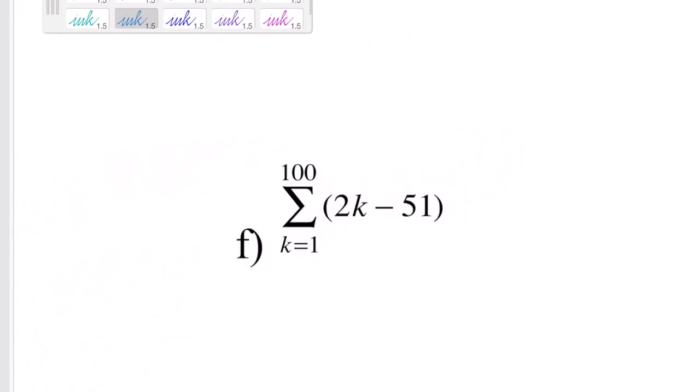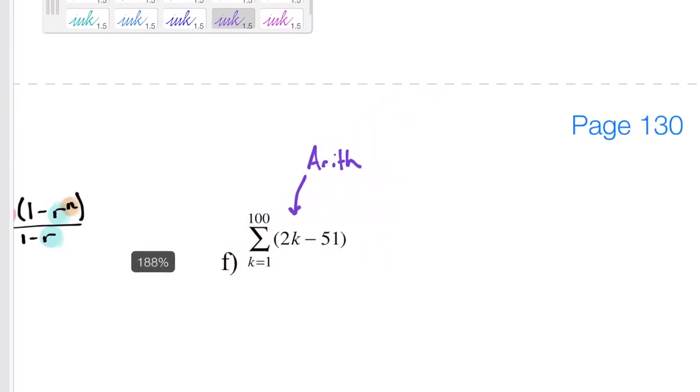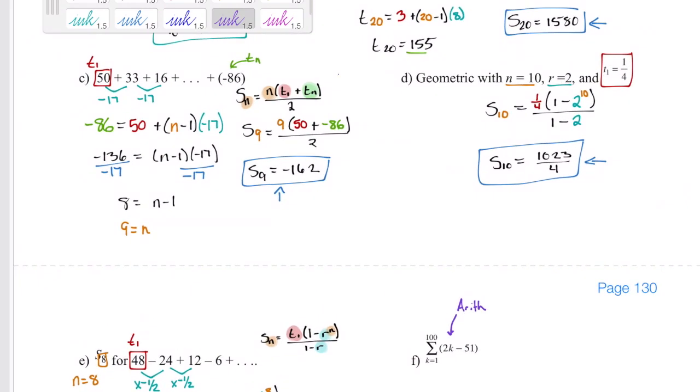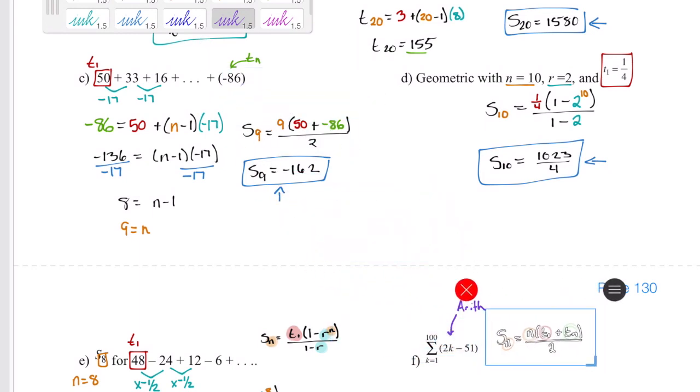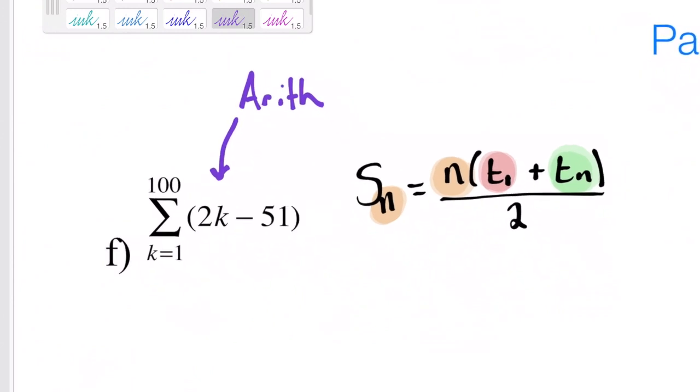This next one, I know this is going to be arithmetic because I'm multiplying with my variable. It's not an exponent, it's multiplying, so I know it's going to be arithmetic. I'm going to grab my arithmetic formula and put it off to the side here.